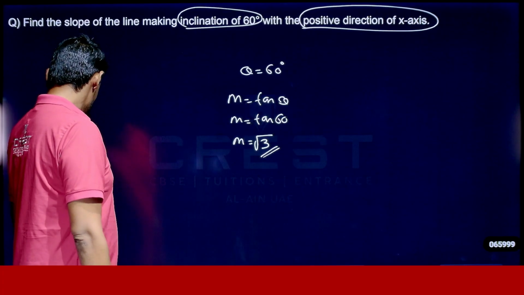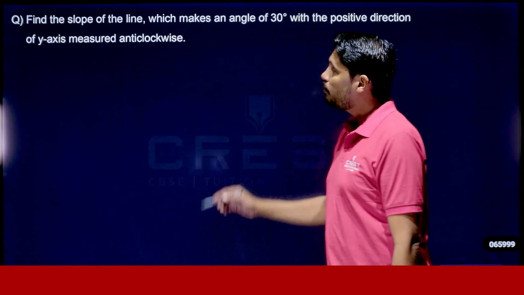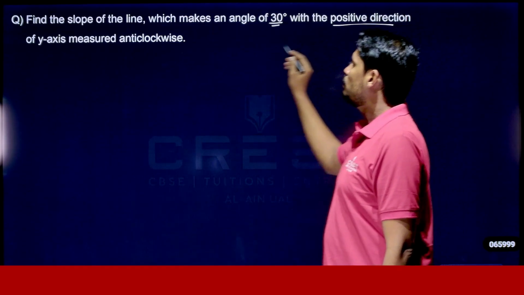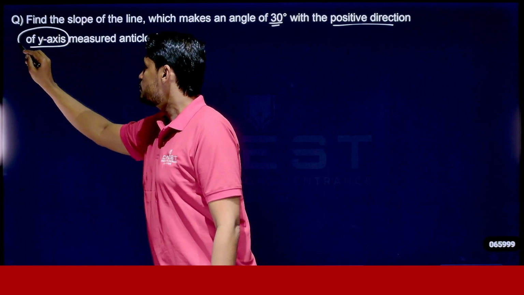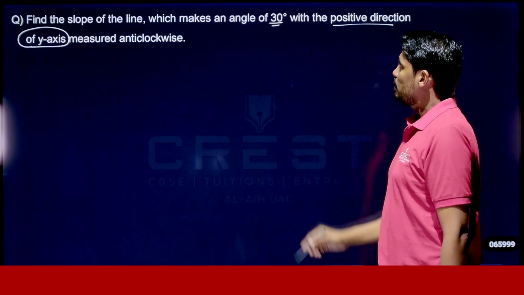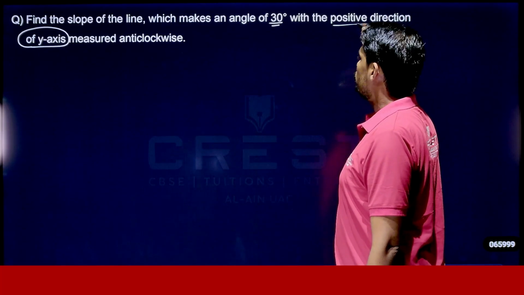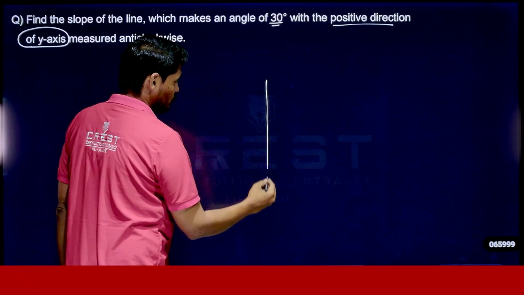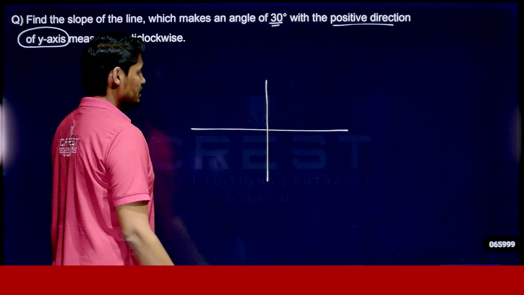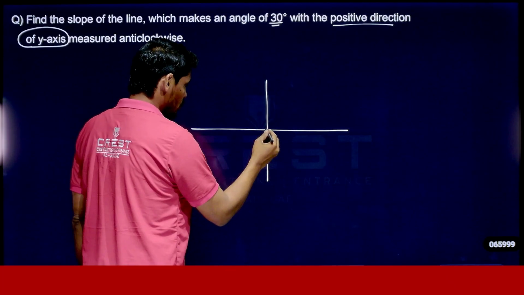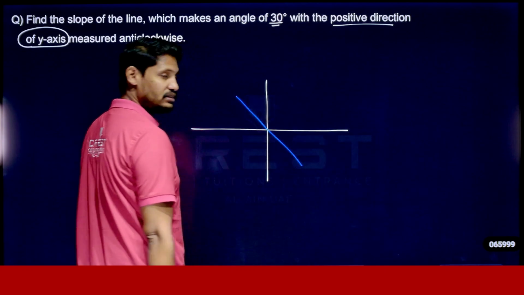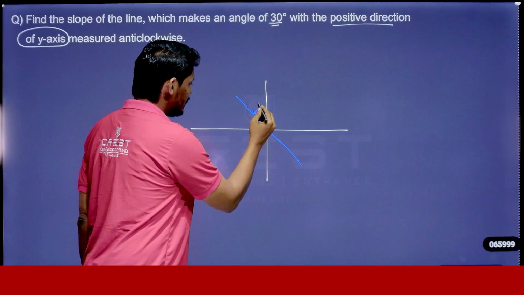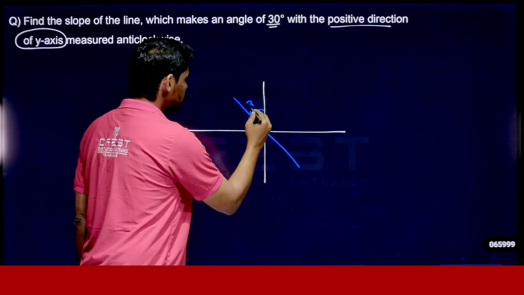Fine. Moving to the next question. Find the slope of the line which makes an angle of 30 degrees with the positive direction of the y-axis. This is a very important question. The angle is made with the positive direction not of the x-axis, but of the y-axis. So when you draw the line, we have a line called L, and it makes an angle of 30 degrees with the y-axis, not with the x-axis.